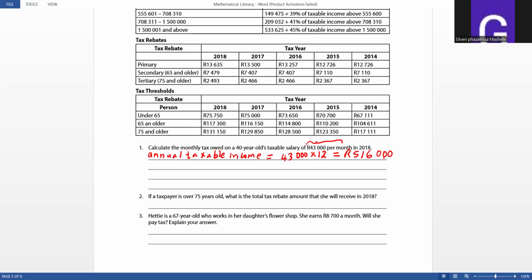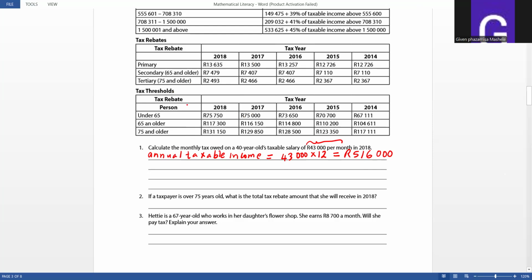Now, since the annual taxable income of this 40-year-old person is 516,000, we need to first check whether the person qualifies to pay tax or not.